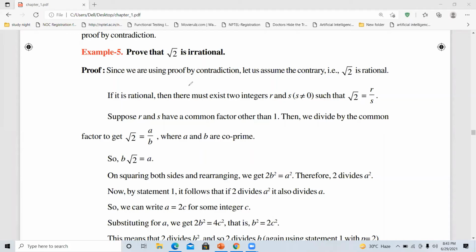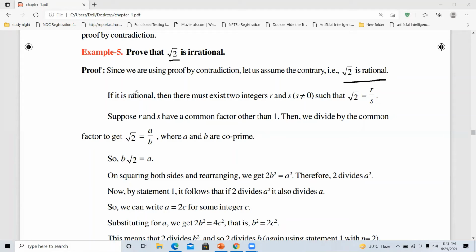For example, here they have given that root 2 is an irrational number. Now I am considering root 2 as a rational number. After considering root 2 as a rational number, at some point in our theorem, we are going to know that what we have assumed is wrong. This type of method is nothing but proof by contradiction.